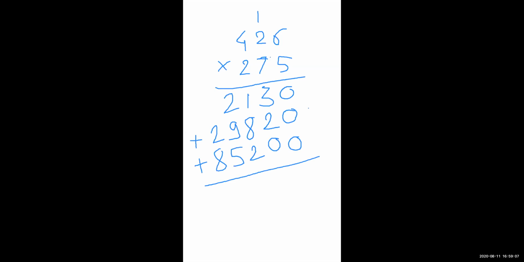Okay, so let's add. 0 plus 0 plus 0, that is 0. 3 plus 2 is equal to 5. 8 plus 2, that is 10. 10 plus 1 is 11. 11 is 1, 1 goes to carry. 9 plus 5 is 14. 14 plus 2 is 16. 16 plus 1 is 17. 17 is 7, 1 goes to carry.